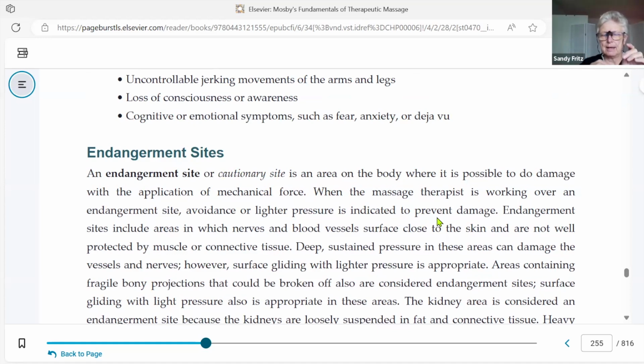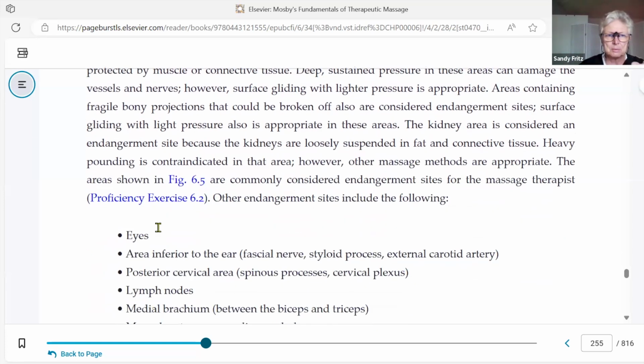Nerves don't like that. Vulnerable soft tissue areas like the anterior of the neck, because there's a lot of adjacent endangerment sites in the area, the eyeball. So that's what these are.